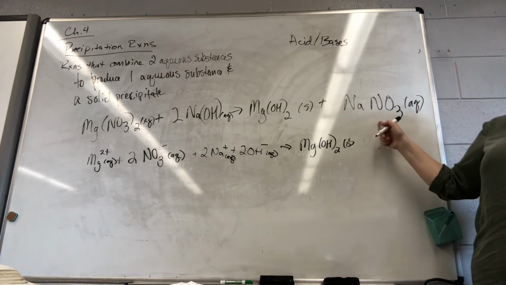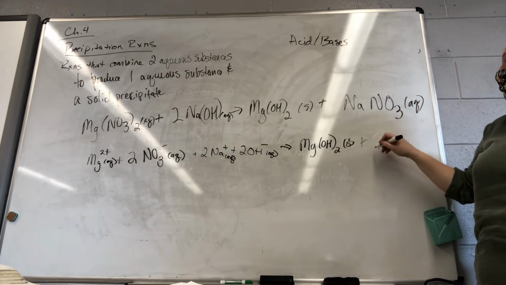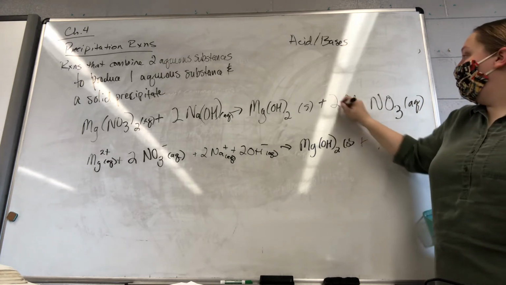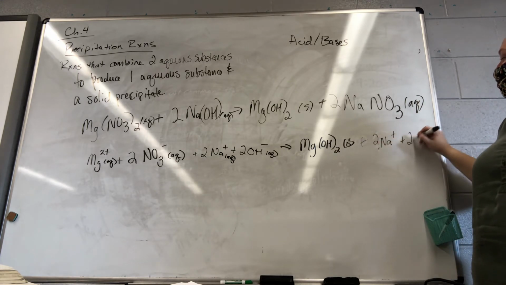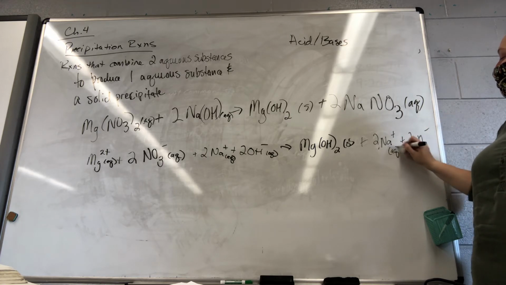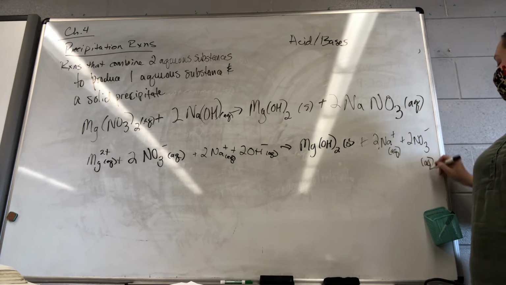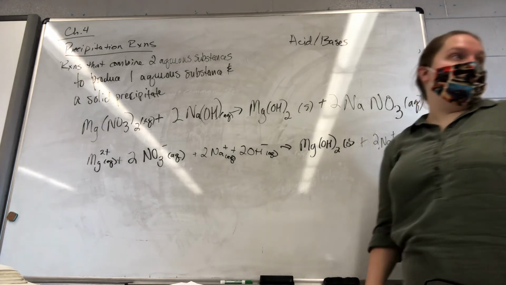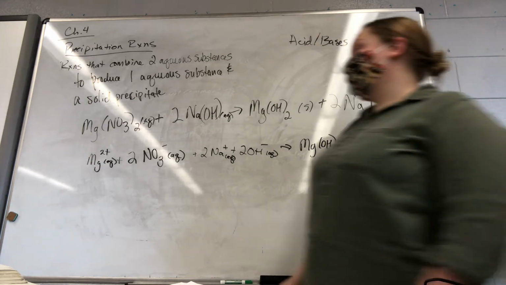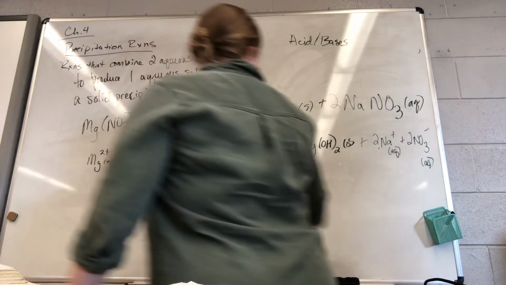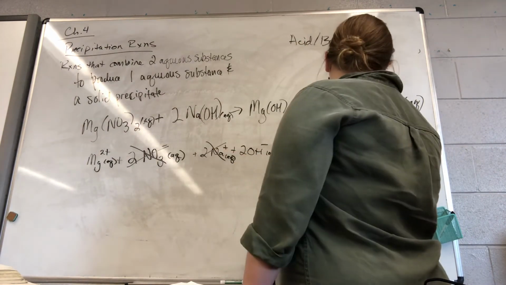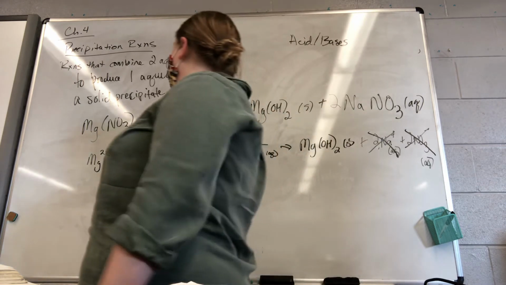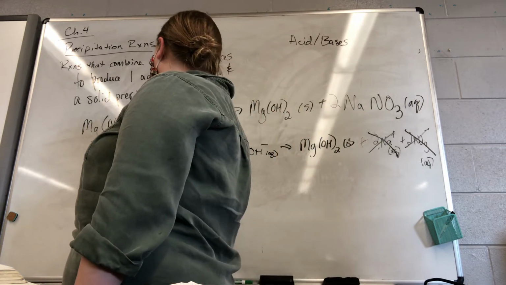We separate this one? Yes. I think I'm supposed to have a 2 here. Don't forget the little AQ symbols. Now what? Cross the stuff off that's on both sides, that's identical on both sides. Whatever's left over is your net ionic equation.